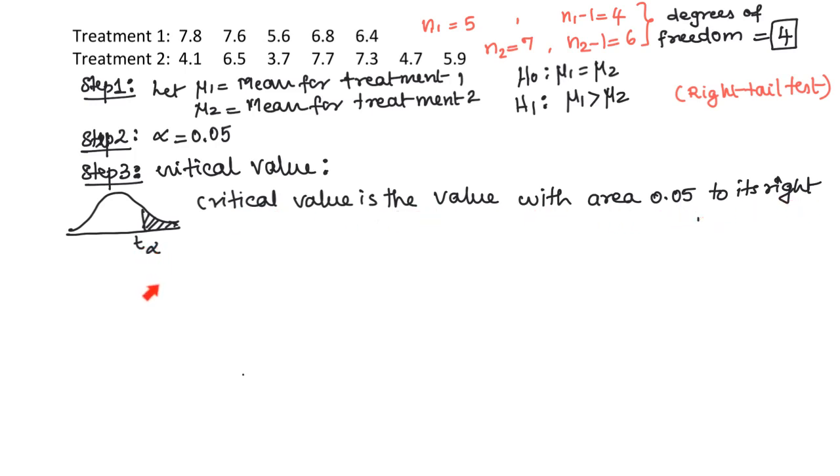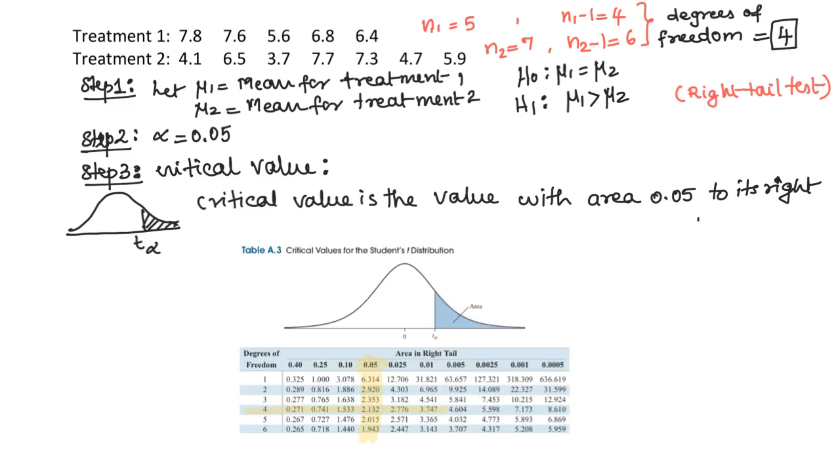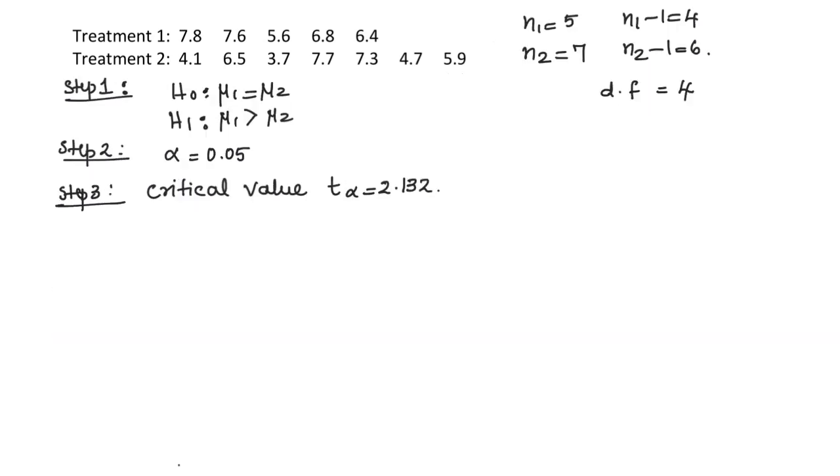So we will use table A3 with 4 degrees of freedom. Look at the row corresponding to the degrees of freedom 4, and the column corresponding to the significance level, and the intersection, that number 2.132, will be the critical value, or t alpha.